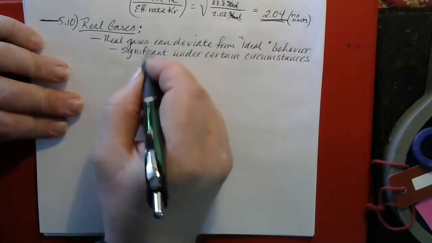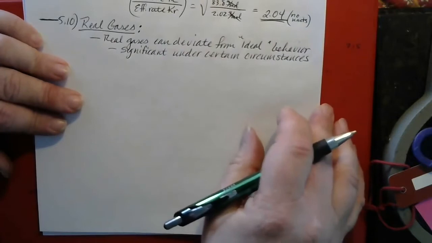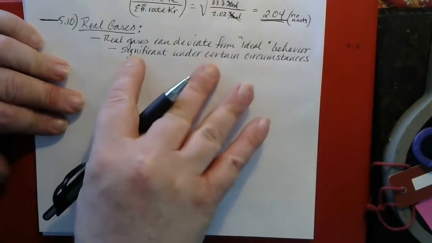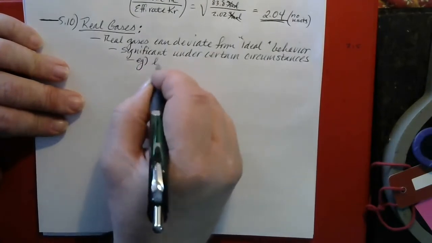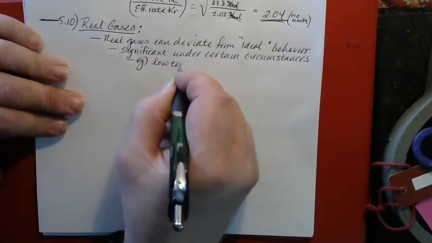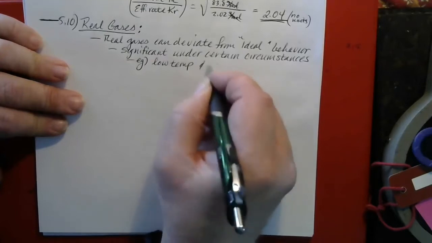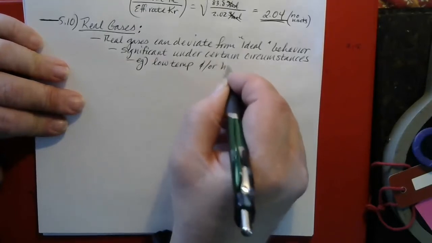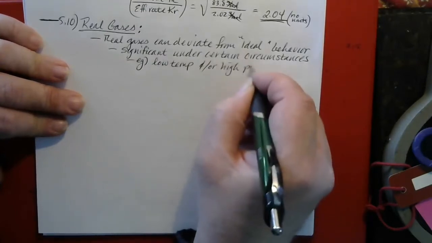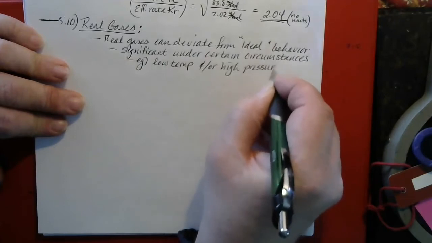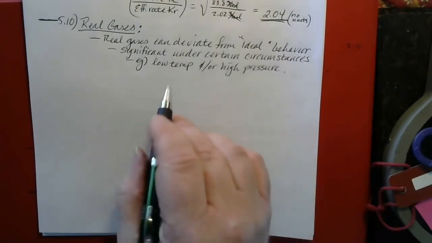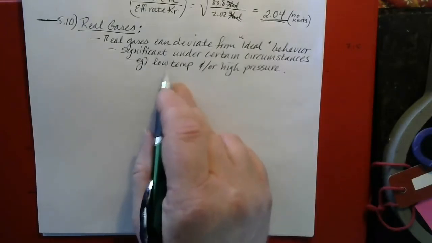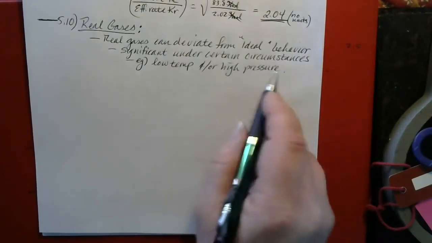There are certain circumstances under which this deviation can be significant. And deviations from ideality, or ideal behavior, are especially pronounced at low temperatures and/or high pressures.